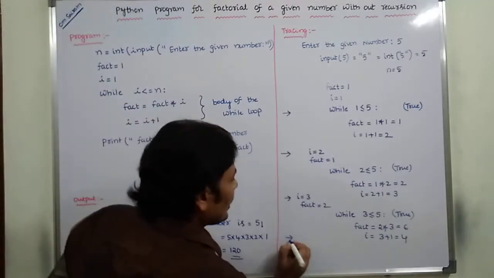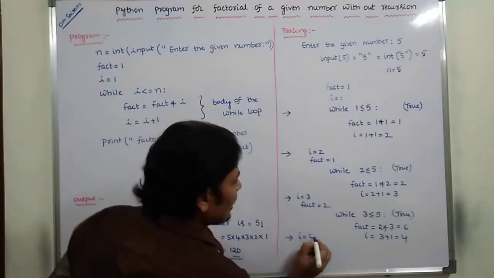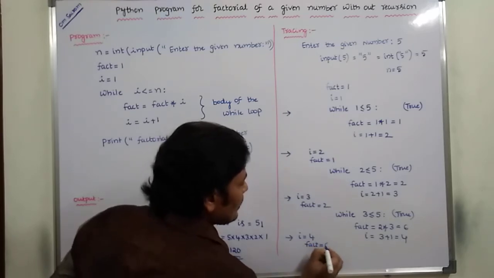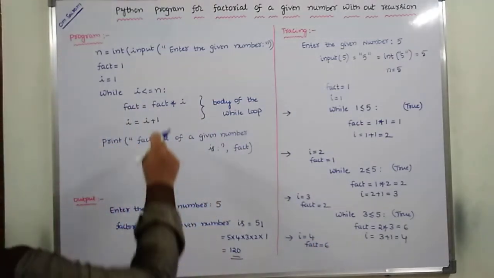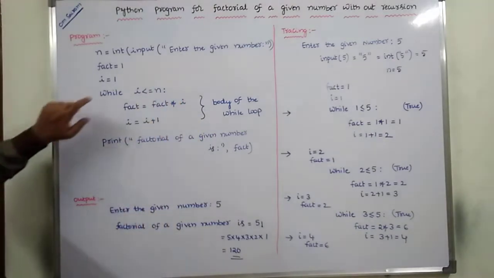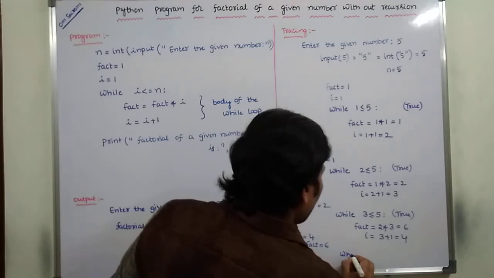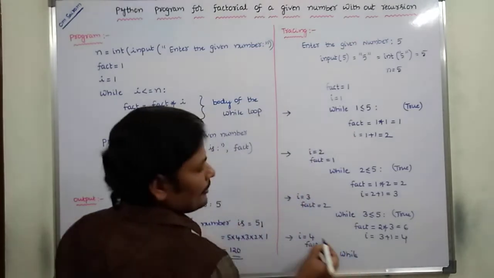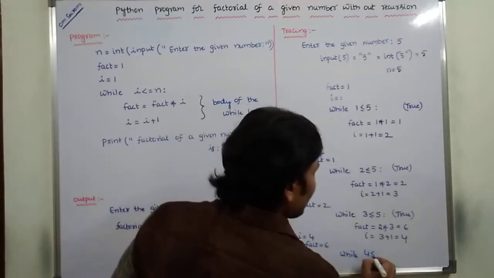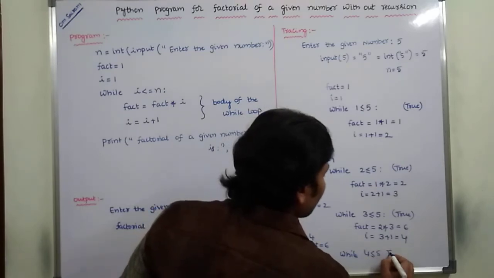Next one, now I value is equal to 4 and fact is equal to 6. Again the control goes to the while loop. So now while I value is 4, 4 less than or equal to 5, that condition is true.